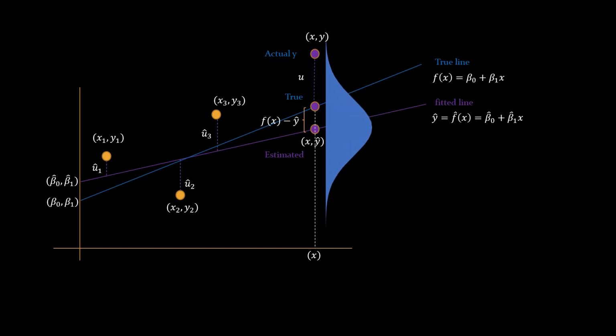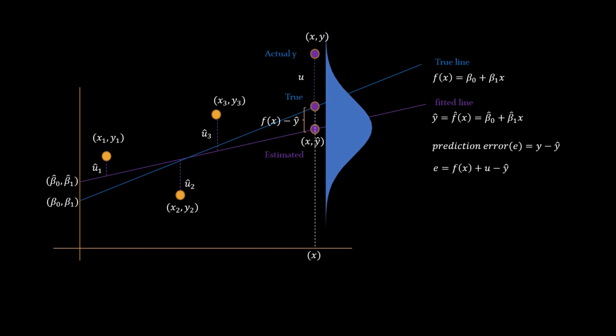To calculate the prediction error E, we write error equals y minus y hat, because y hat is our prediction whereas the actual y is something else. Now replace y with f of x plus u. Notice that f of x is unknown but fixed.